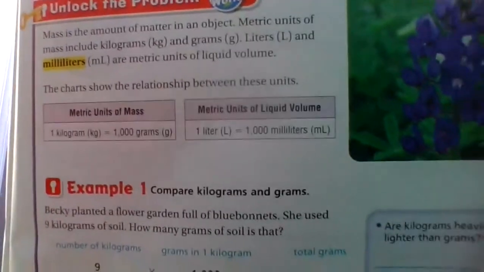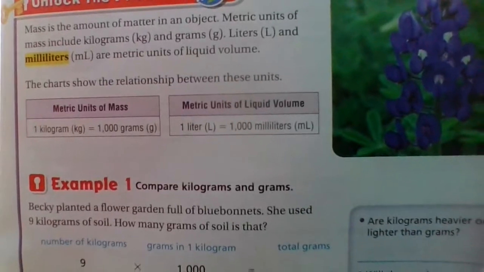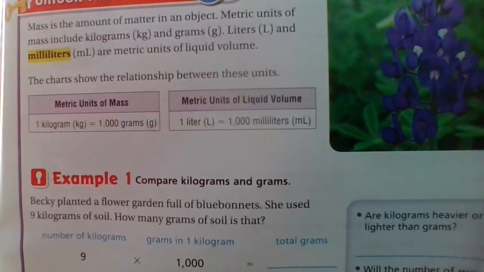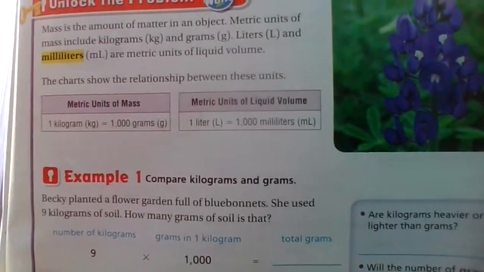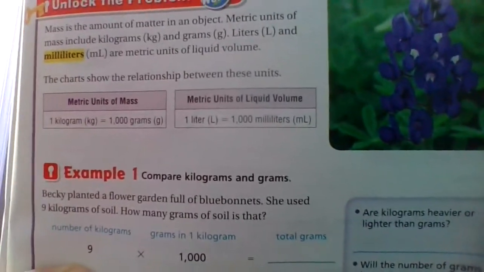So on page 679, you will see here that this chart shows the relationship between these units. So you have the first chart, metric units of mass. That's 1 kilogram, and 1 kilogram is the same as 1,000 grams. So that's 1, 2, 3 hops, because we know from lesson 12.1 that the metric system is based on multiples of 10.